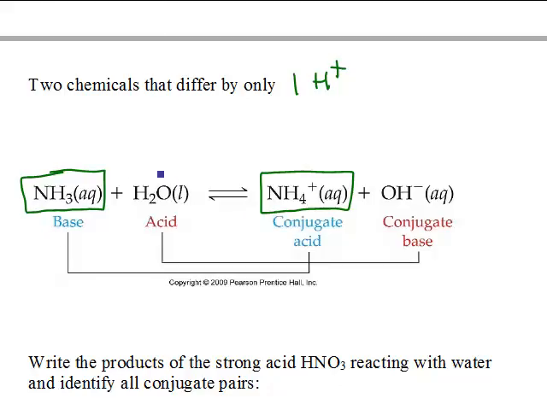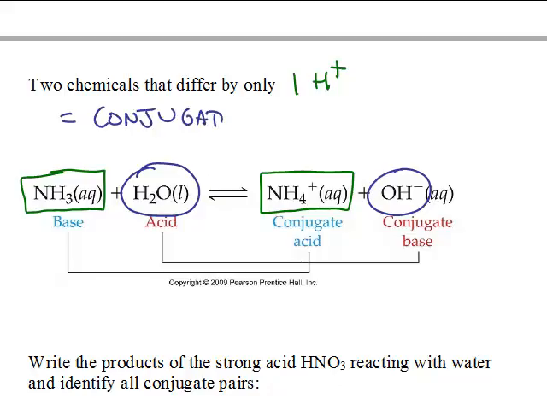And if you look at the water turns into OH-, hydroxide. The only difference between these two is this time the one on the left has one more H+. These make up what's called a conjugate pair. A conjugate pair, two chemicals that only differ by one H+.